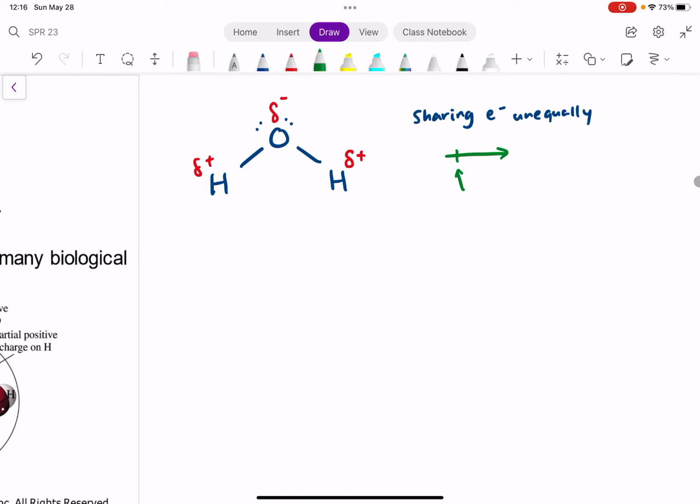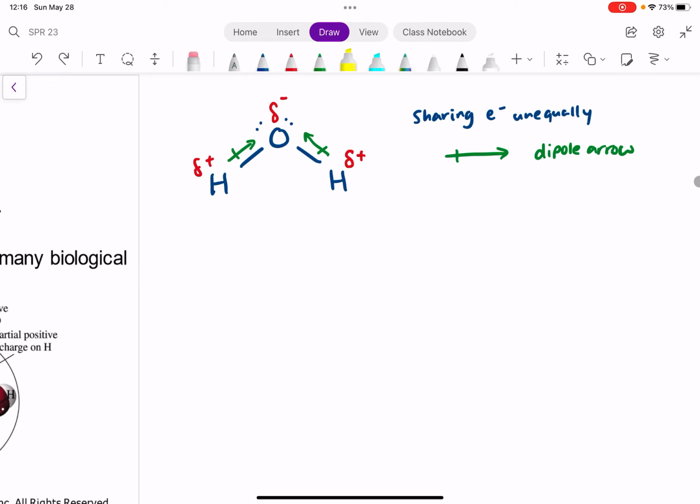Okay, so that's a dipole arrow. So we said, okay, we can draw those like this, right? And I'm just drawing them with the positive side near hydrogen and pointing towards the negative side. I just remember it with this little plus right there. All right, so those are dipole arrows on our bonds.